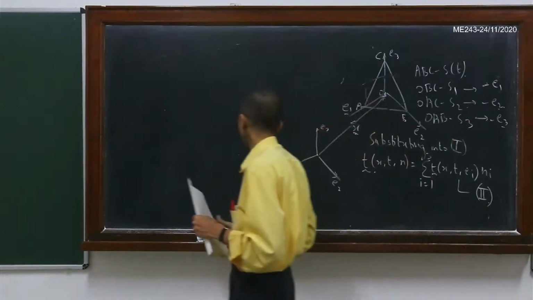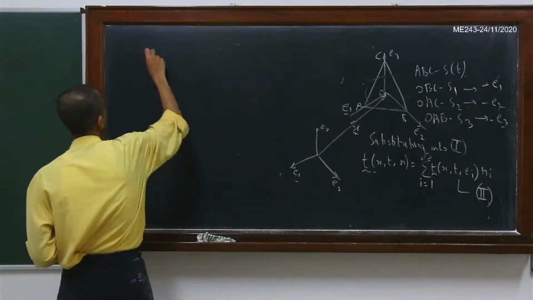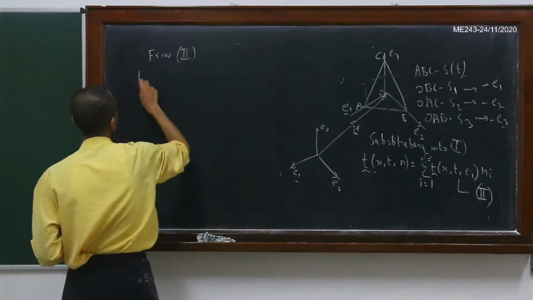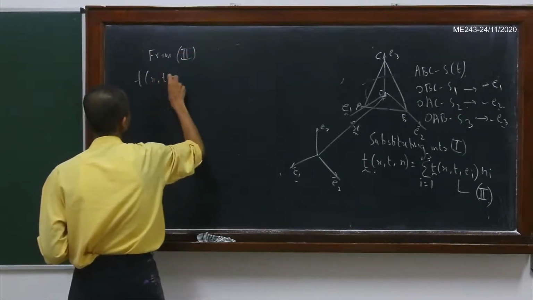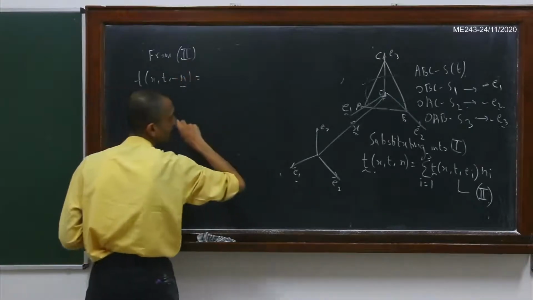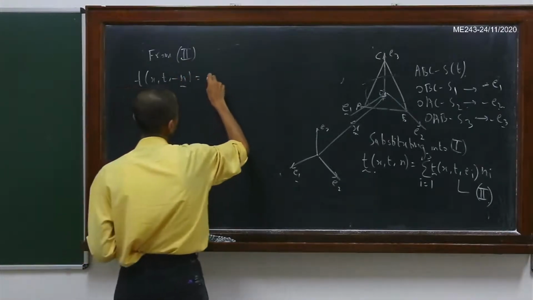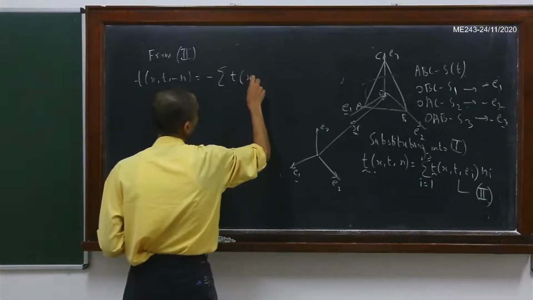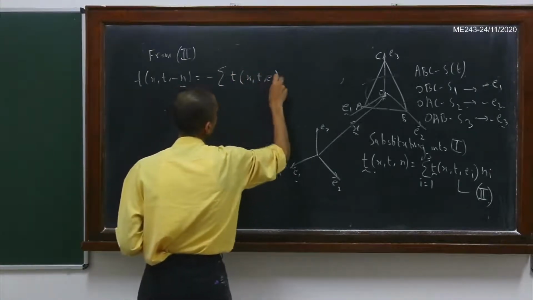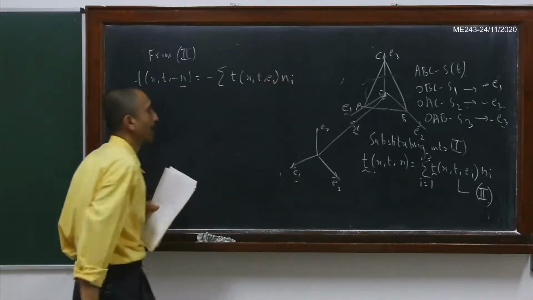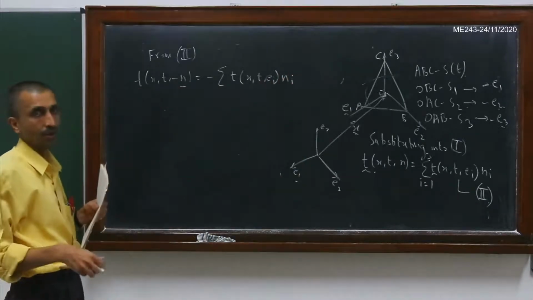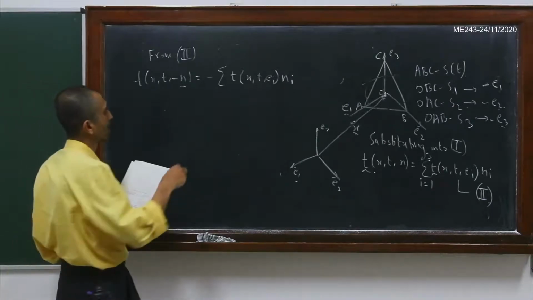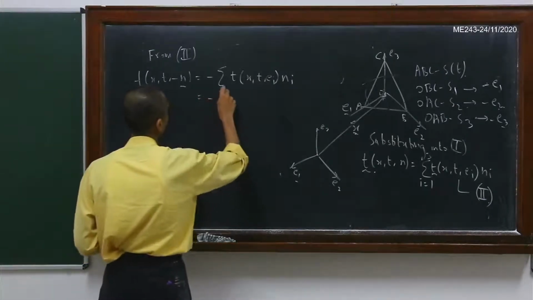So from 2, T of x, t, minus n is equal to minus the summation of T of x, t, e_i times n_i, because n_i will have the negative components, minus n_i.